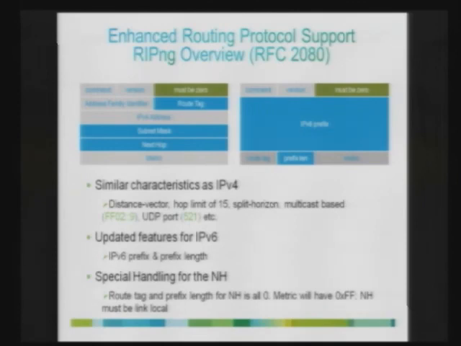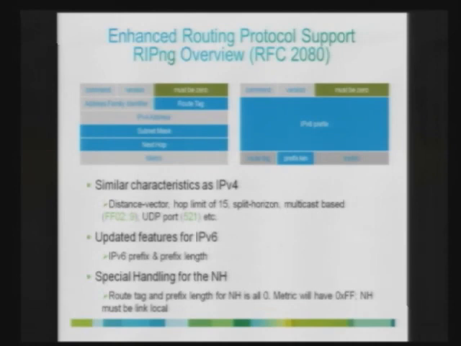There are updated features for IPv6, and as you can see here, there is a side-by-side comparison between the RIP version 2 packet header format and the RIP-NG packet header format. And obviously what is carried in the route table entry, because the routing update message would have multiple route table entries, right?